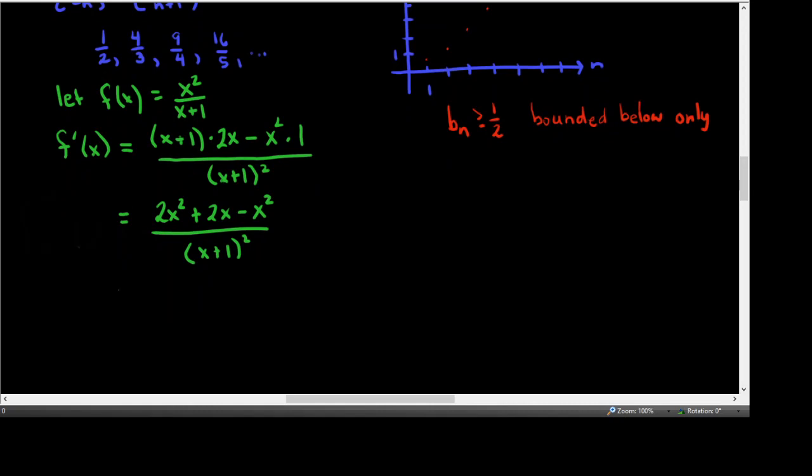Okay, that simplifies to x squared plus 2x over x plus 1 squared.